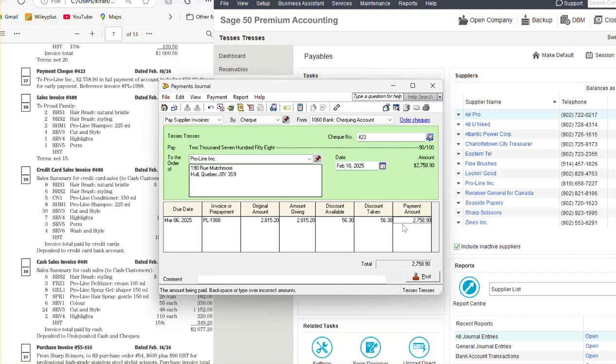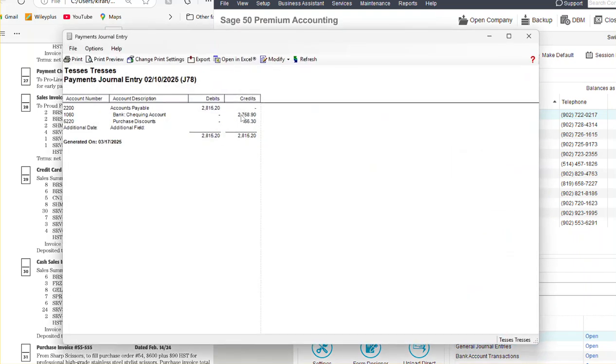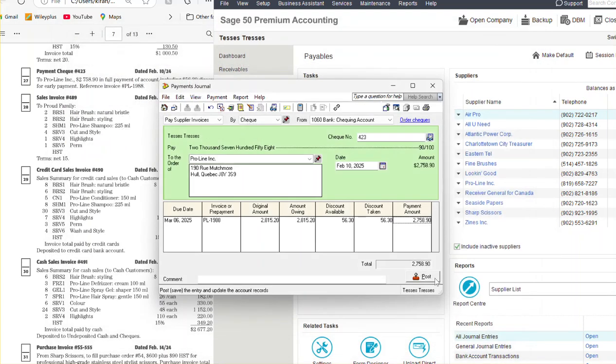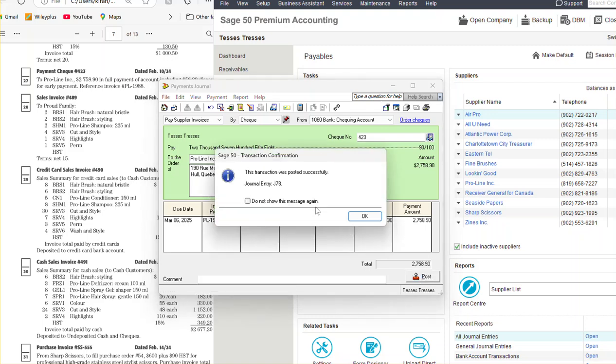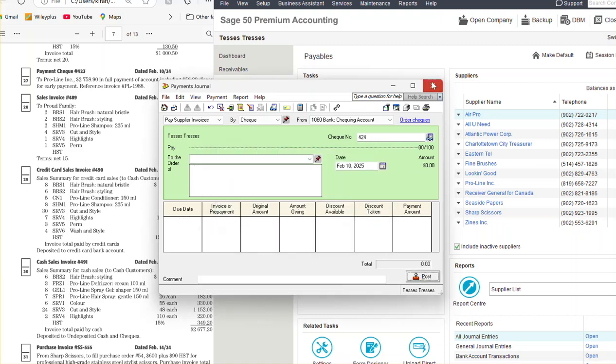So your transaction will be for this amount. So just pay attention to the amount that we just did. I'm just going to post the transaction, and I will say post. We are done with that, so we will close.